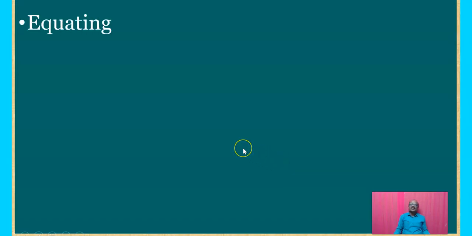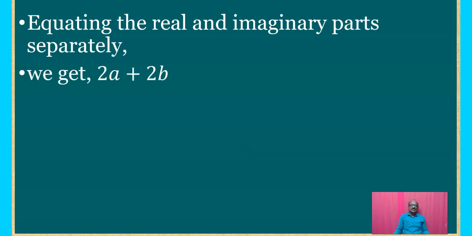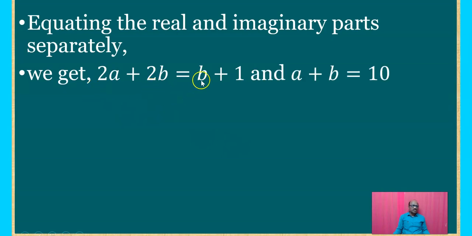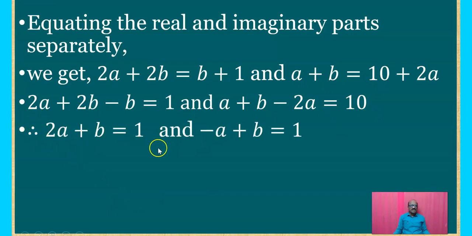Okay, equating the real and imaginary part. We get 2a plus 2b is equals to b plus 1 and a plus b is equals to 10 plus 2a. Now simplify this. 2a plus 2b minus b is equals to 1 and a plus b minus 2a is equals to 10. After the simplification, you will get 2a plus b is equals to 1 and minus a plus b is equals to 10.